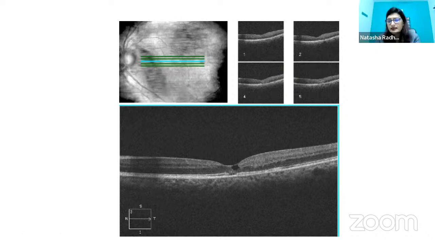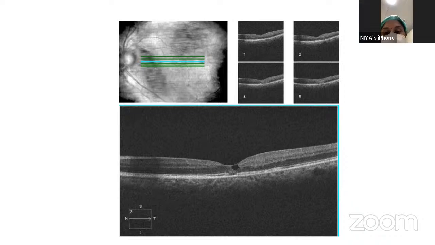The fovea has become thinned, the central fovea, and along with that, you are having tissue loss in the inner layers and disruption of the outer layers. And the tissue loss has left something intact across that. What is that called? Drape sign. ILM drape sign.